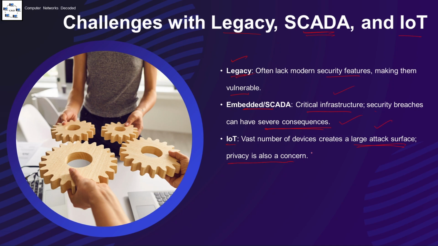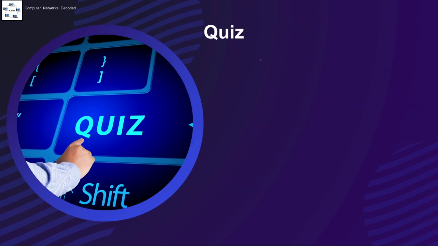So if one of your devices, let's suppose your smart TV, is compromised, it means that the smart TV has a camera and also has a mic. So anyone can use the cam and mic of your smart TV to compromise your privacy inside your home. Security is a paramount concern across all these specialized systems.